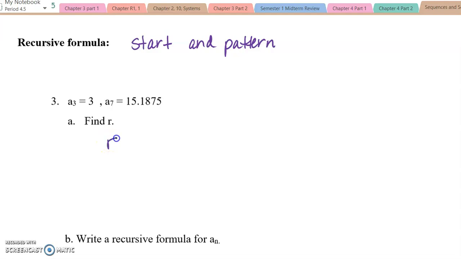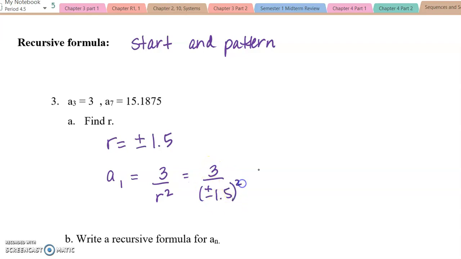All right, once going through the work, you should end up getting that r is equal to plus or minus 1.5. And your first term, because that should be equal to 3 over r squared, this will be 3 over plus or minus 1.5 squared, which is equal to, you should get 4/3 for your first term.